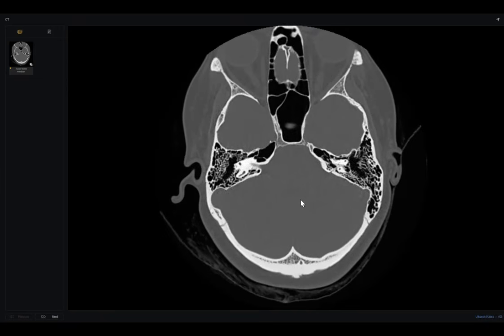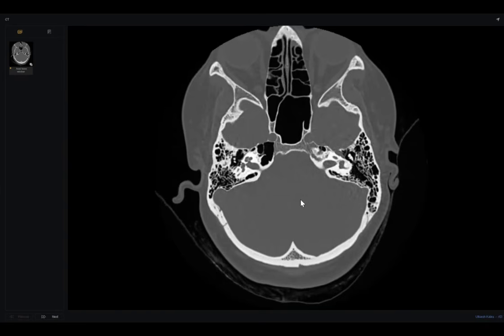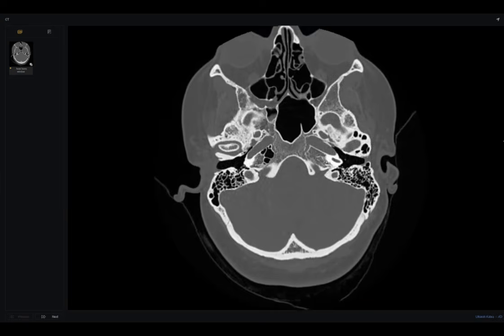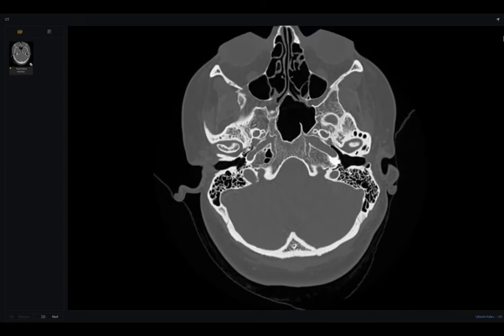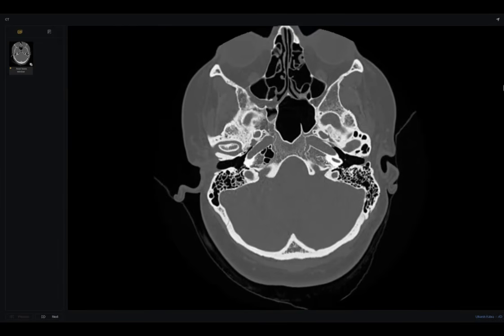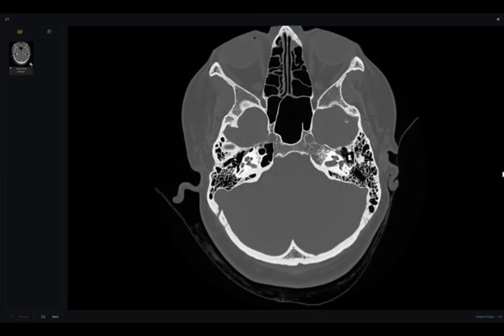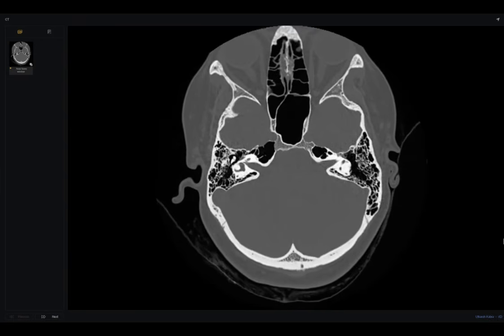I am scrolling through the images, from down upward, checking for any major abnormality before commenting.